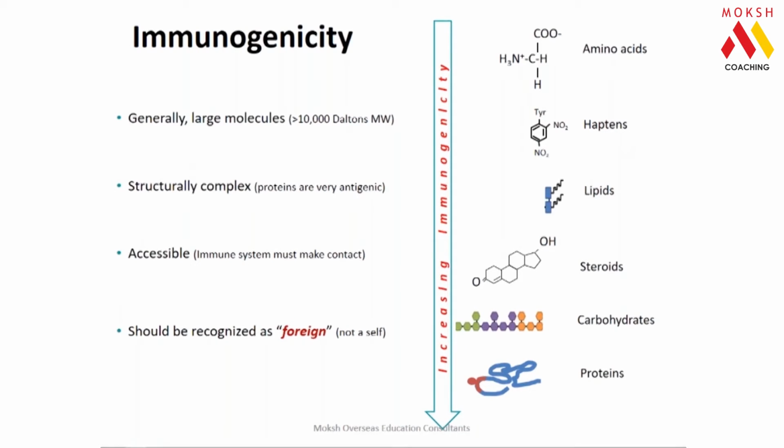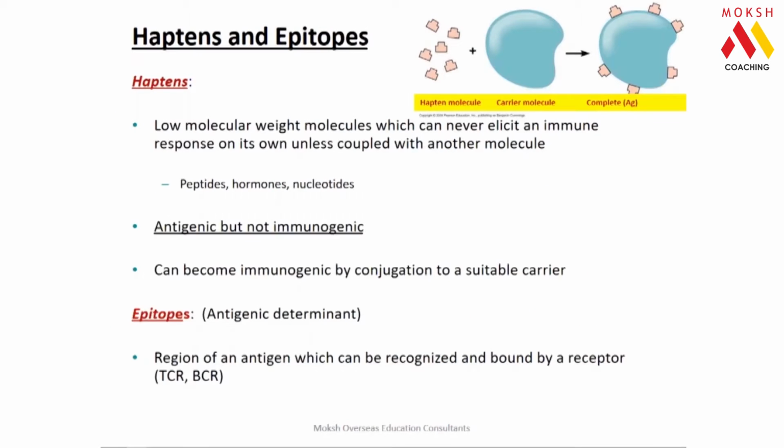A hapten is a small molecule with a very low molecular weight, and on its own it cannot elicit an immune response. We add it to something else, and it becomes able to. So it is antigenic: it will bind an immune cell, but it will not activate that immune cell alone.